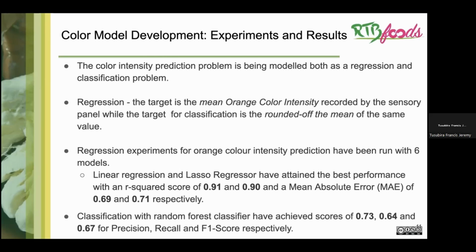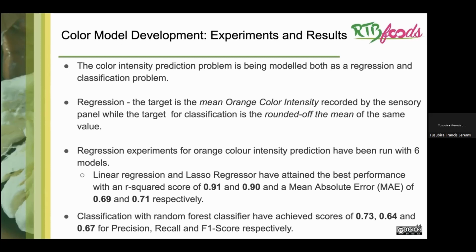We have only shown the best performing models here, which were a linear regressor and the lasso regressor. These attained an R-squared score of 0.91 and 0.90 respectively. And those are the values for the mean absolute error. Considering the R-squared value, the linear regression model slightly edges out the lasso regressor.